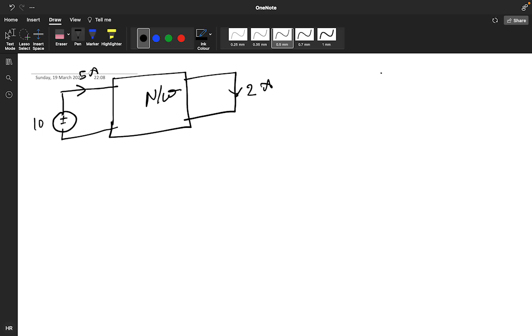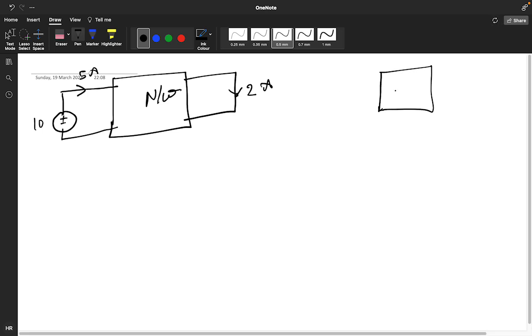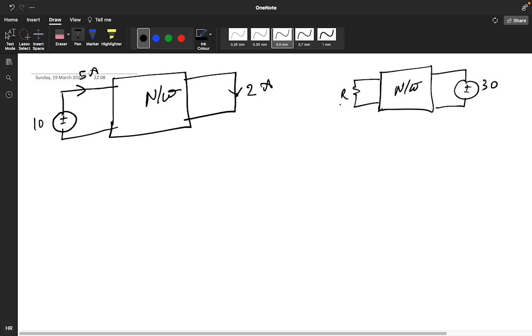And what they asked: this is your network, you have positive negative 30, and this is R, the R value is 4 ohm, and you need to find the value of I across this.